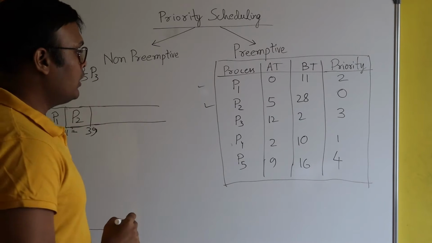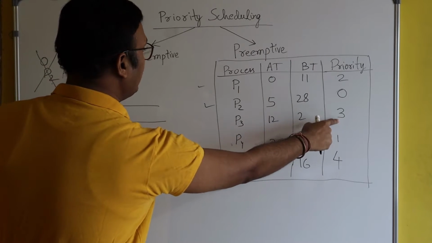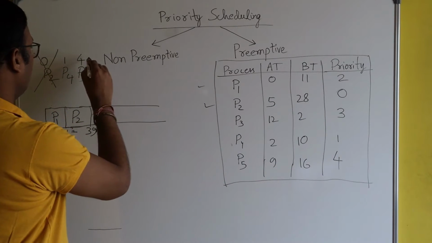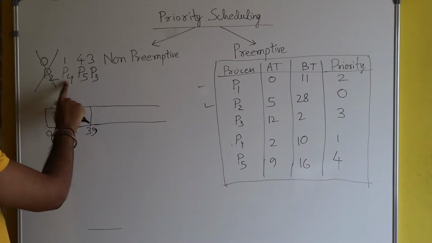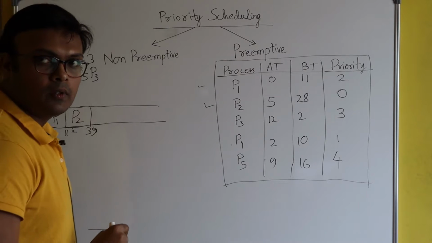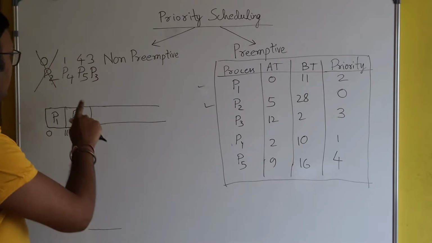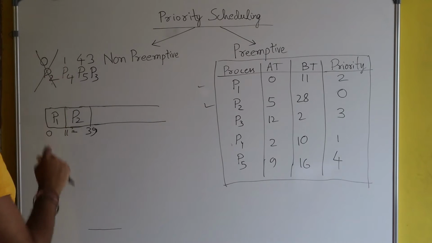And the priority number of P3 is 3. So among all these processes, P4, P5 and P3, which process to be selected? Definitely P4, because P4 has the higher priority.